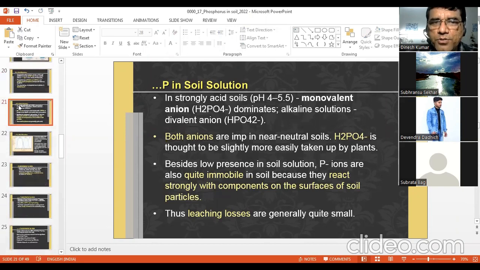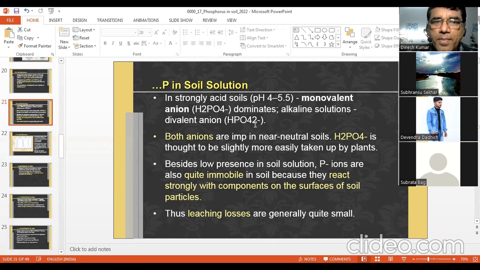In strongly acid soils which have pH of 4 to 5.5, the monovalent anion, H2PO4 -1, dominates.